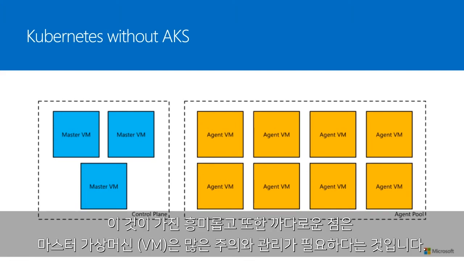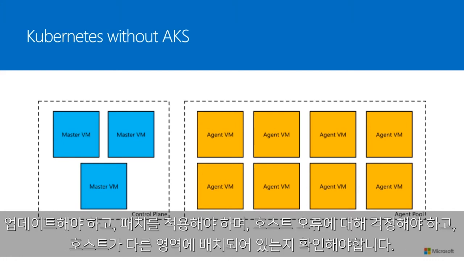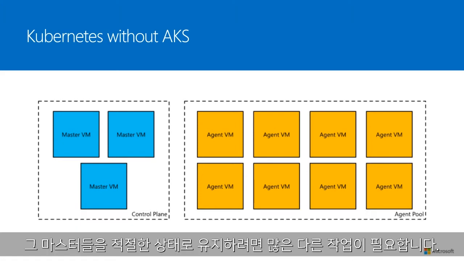What's interesting and tricky about this is that those master VMs require a lot of care and feeding. You have to update them. You have to patch them. You have to worry about host failures and making sure that they're placed in different availability zones. Lots of different work is required to keep those masters healthy.